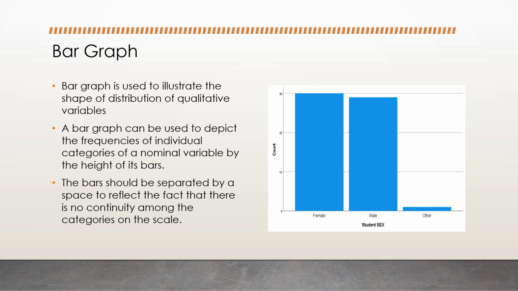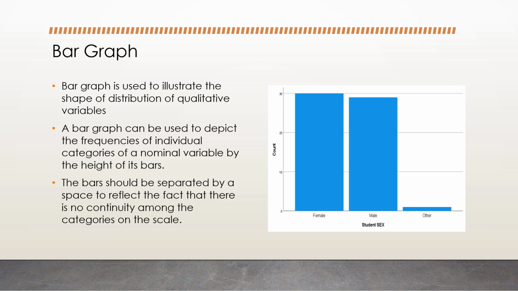The number of bars corresponds to the number of values of the variable, so each bar represents an individual category. The height of the bars indicates either the frequency or relative frequency of that category.